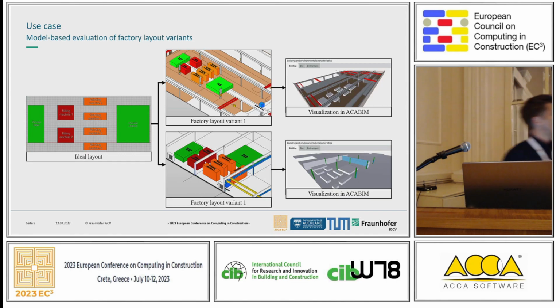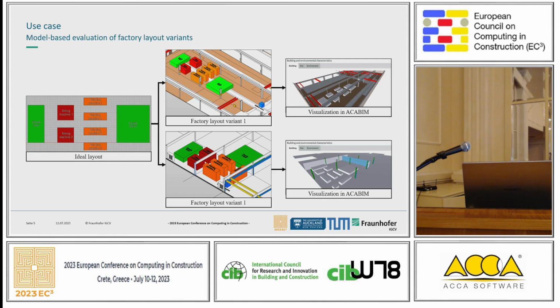And if we bring this ideal layout into different buildings, we have here two different variants, factory layout variant 1 and factory layout variant 2. Then you can see that we have to adjust these layout variants a bit to the constraints of the building or to the structure of the building that we actually have over there.